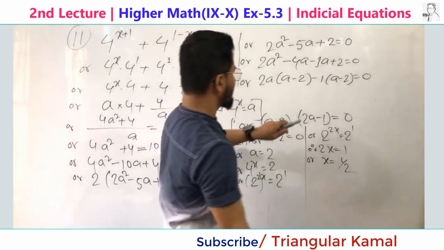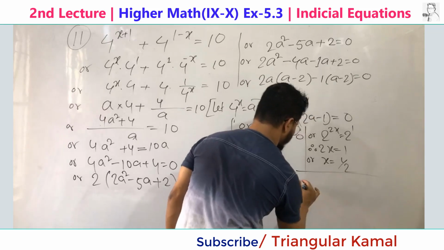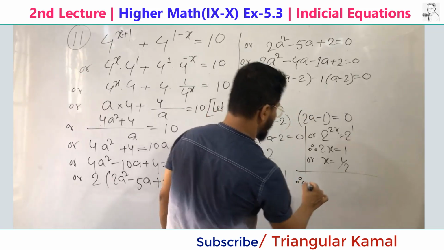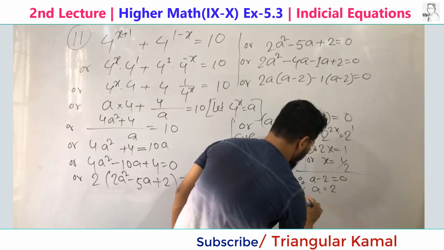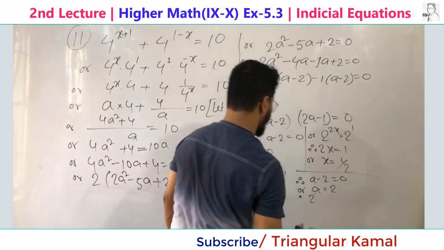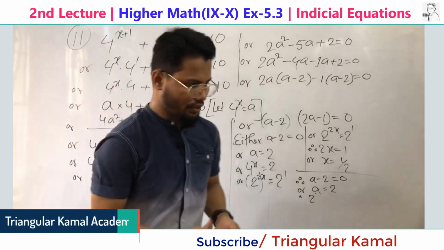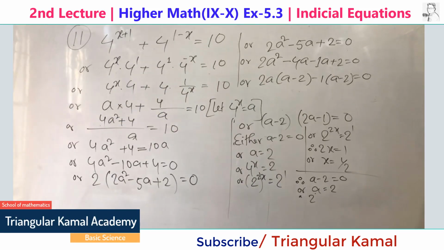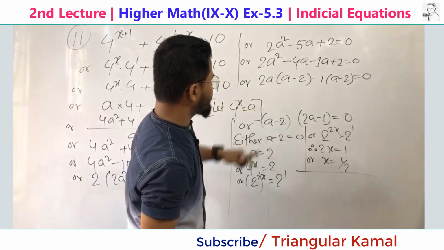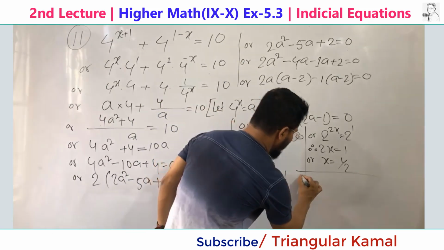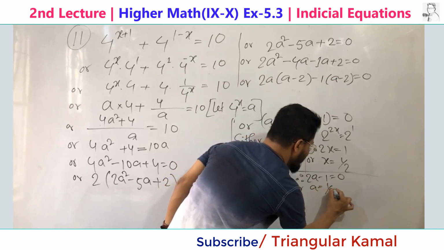Again, a minus 2 is another factor, the second one. Or the remaining factor, 2a minus 1, equals 0, or a equals 1 by 2.